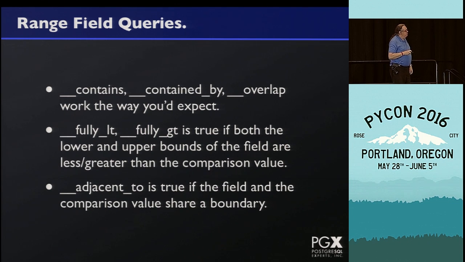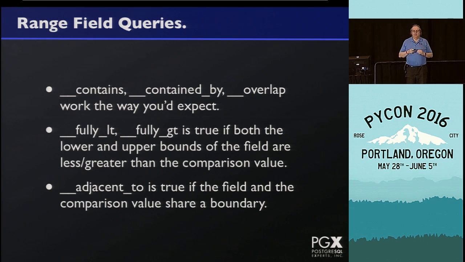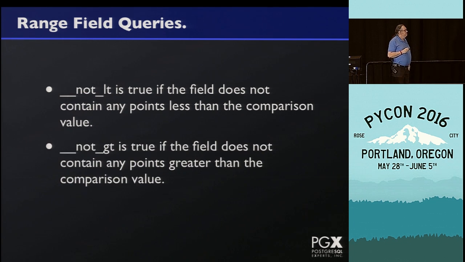And adjacent to is true if the ranges exactly butt up against each other, so you could merge them into a single range correctly. And then not less than is true if the field does not contain any points less than the value, and greater than is kind of what you expect.